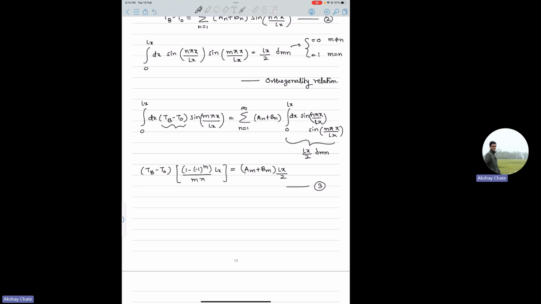Then what you do is the same thing for the other boundary, which is at y equal to ly, and at y equal to ly, your T star is nothing but Ta minus T0.